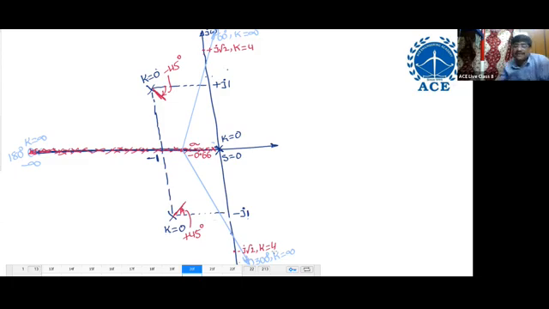So what happens as K increases? This pole moves near to asymptote and parallel to asymptote, enters and intersects the imaginary axis at plus j root 2, and occupies the zeros. The pole moves near to asymptote, parallel to asymptote, enters into asymptote and occupies the zeros.